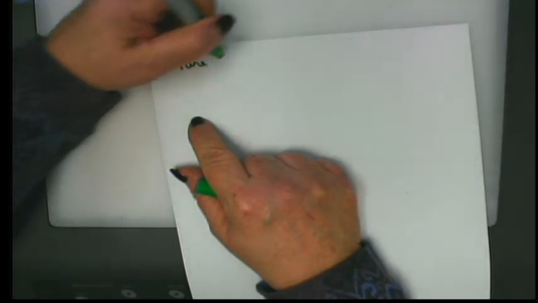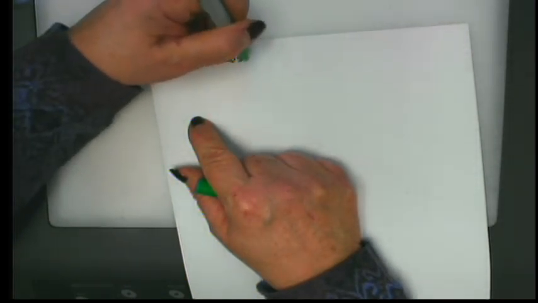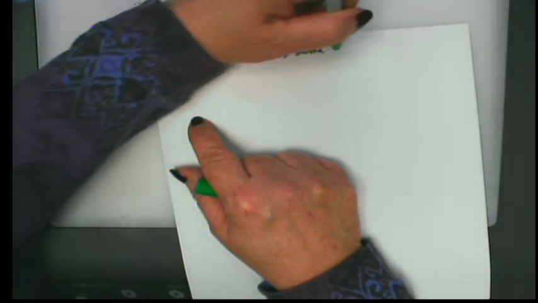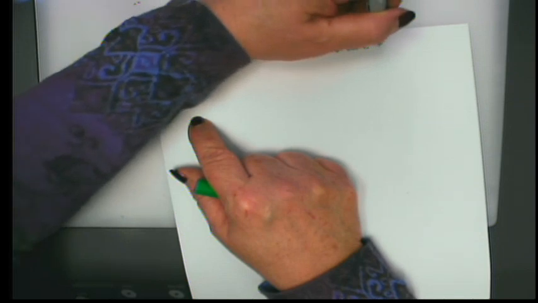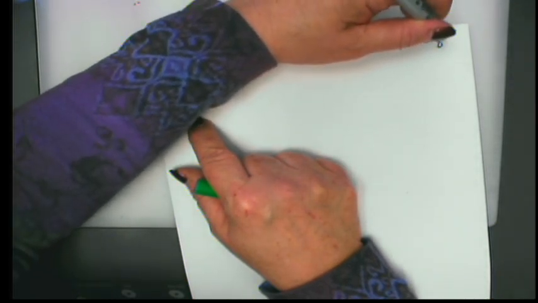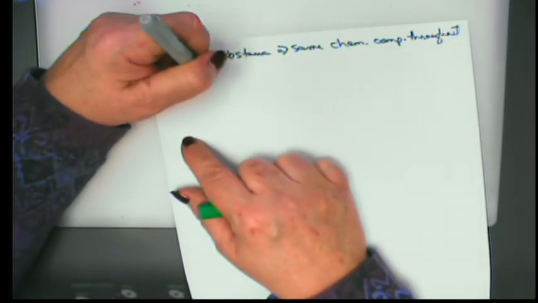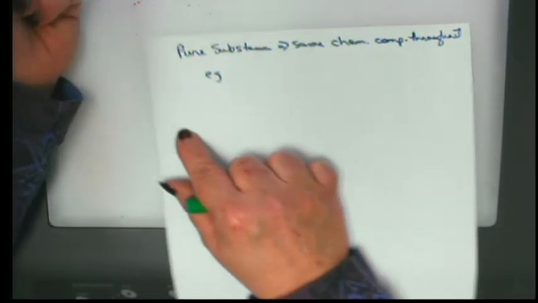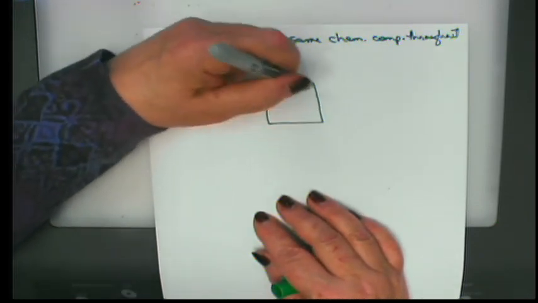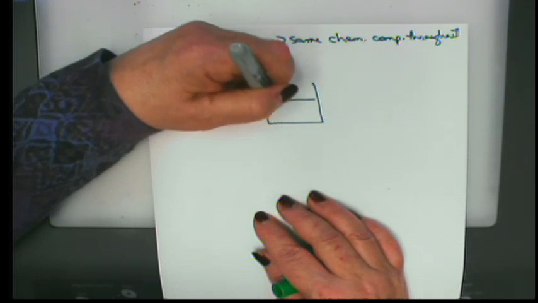So I'm going to go to the document cam, and first of all, we'll just talk about what a pure substance is. A pure substance is one that has a homogeneous, or the same, chemical composition throughout. So if you have a single substance, such as water, if you have liquid water, it's H2O.